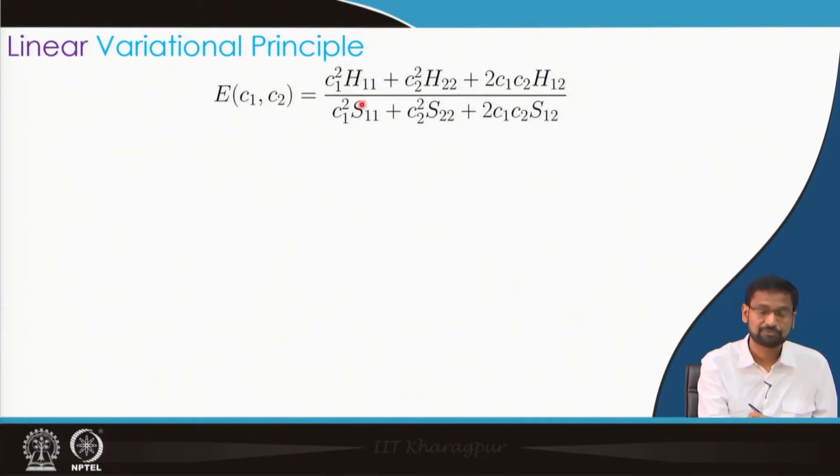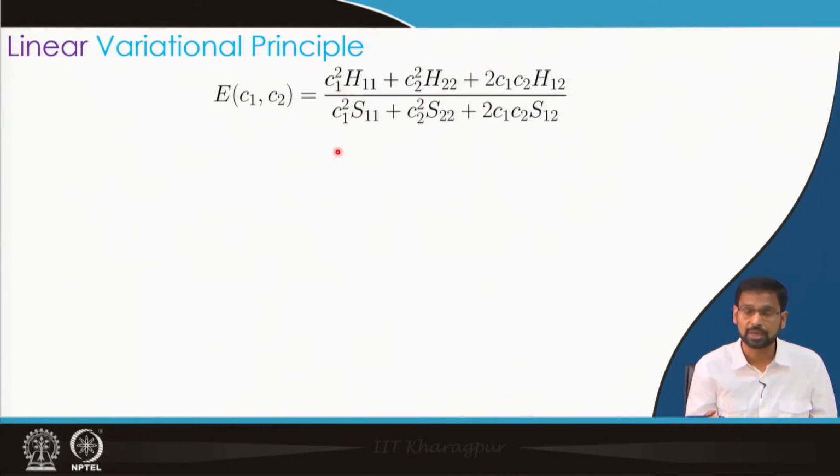From the previous step, we had the energy which depended on the expectation value of the Hamiltonian operator divided by the overlap of the trial function with itself. Then we come to this equation, which is now written in terms of C1 squared, C2 squared, these coefficients.